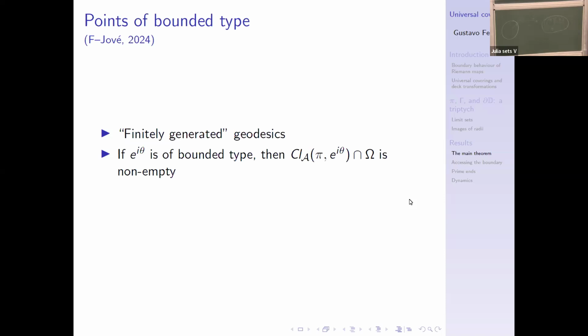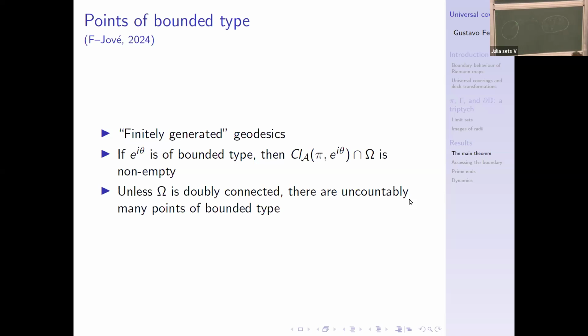And because these guys are of bounded type, we can show that as you approach this point non-tangentially, things can get very messy, because you have this geodesic and you have some stuff that's nearby. So the angular cluster set is going to intersect the domain. These points are not mapped to the boundary of the domain.